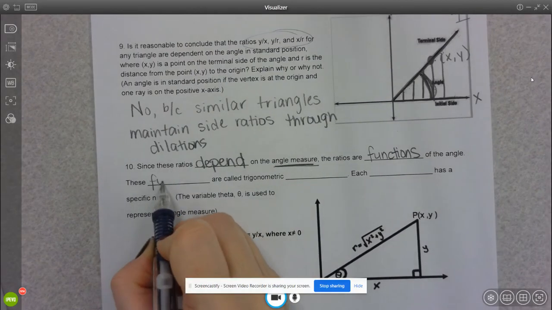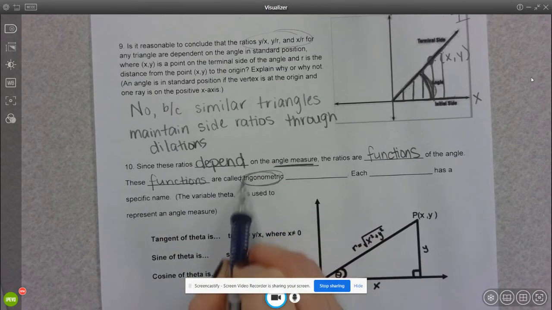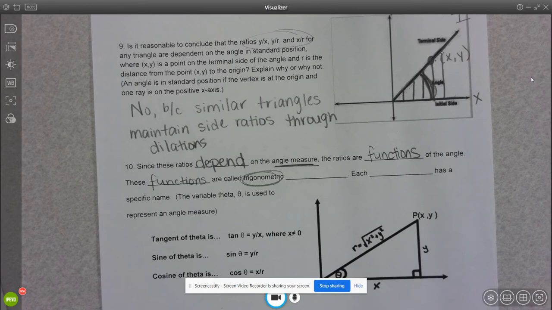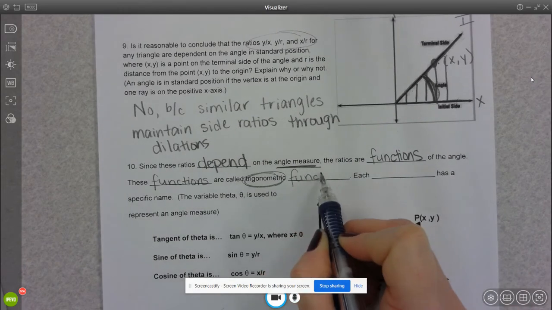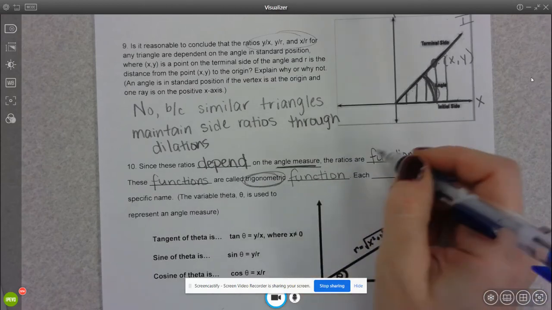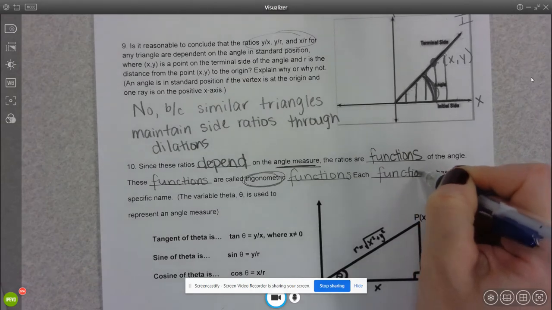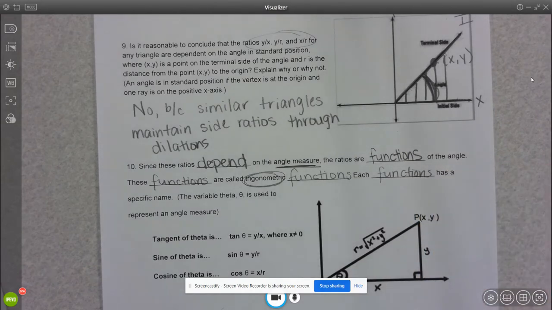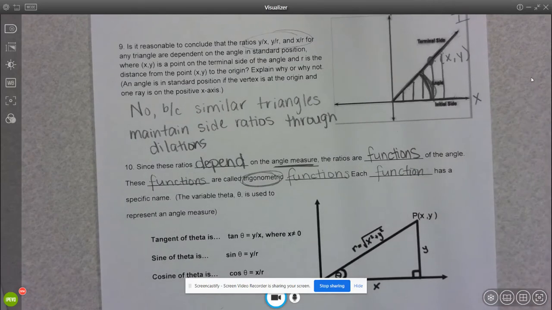These functions are called trigonometric functions. These are our trig functions. I'm sorry you have to write functions so many times. And each of these functions have a specific name. Each function, singular, not plural. Sorry.